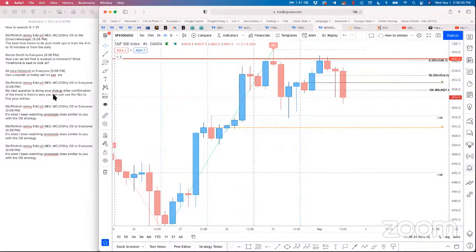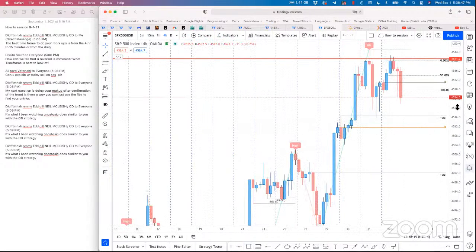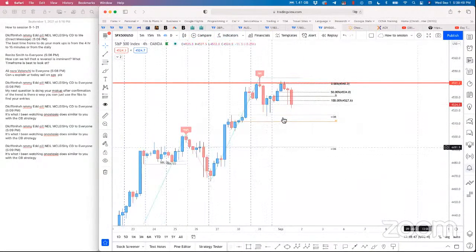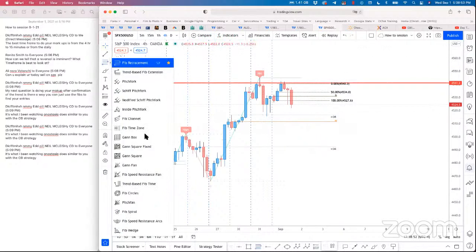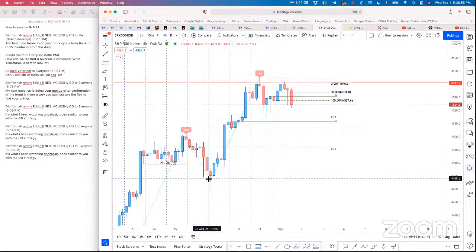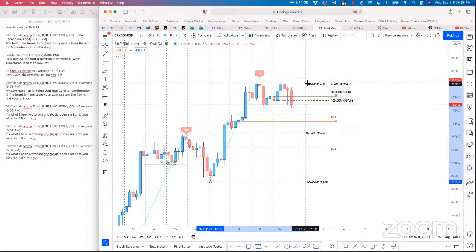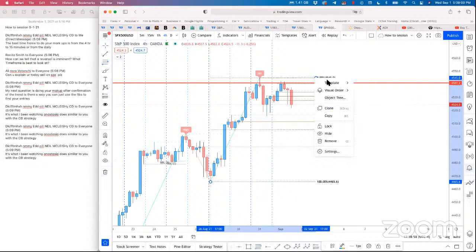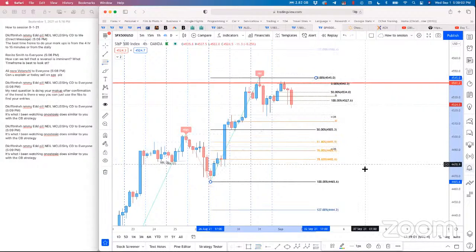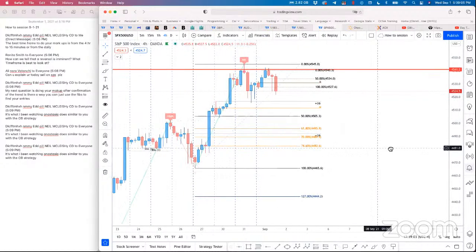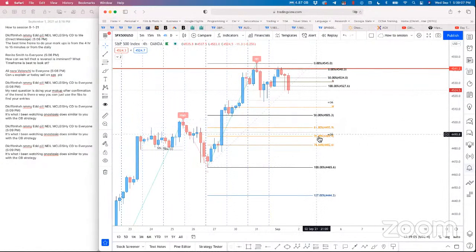So my next question is from Neil: is doing your markup after confirmation of a trend, is there a way you can just use the fibs for your entries? Yeah. I'll be honest though, I only trust my higher time frames as far as my entries go. So if I'm on the 4 hour and I'm using this area right here, for me, I will use these levels right here.